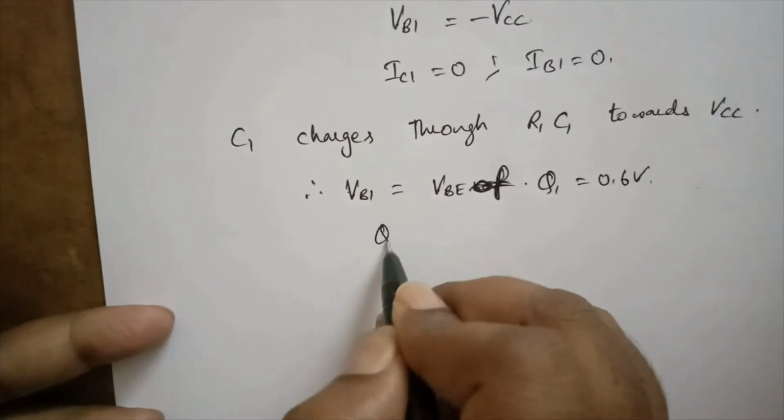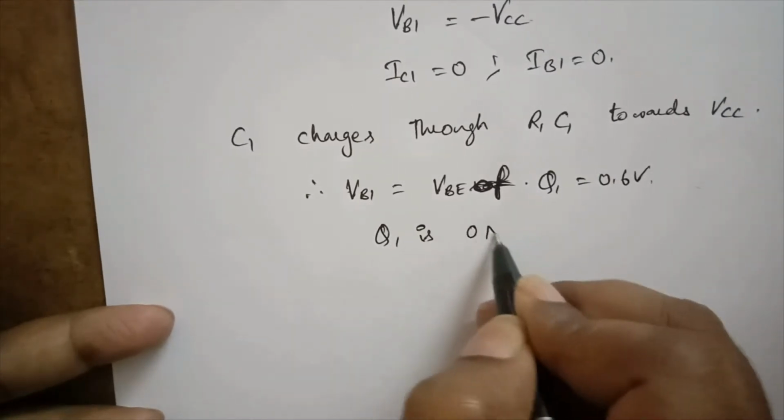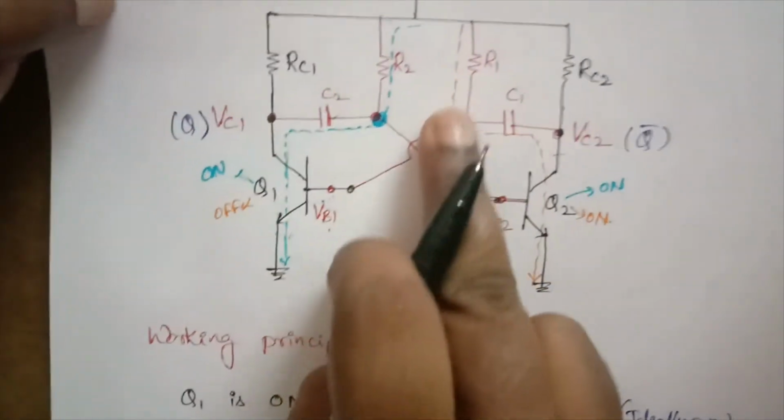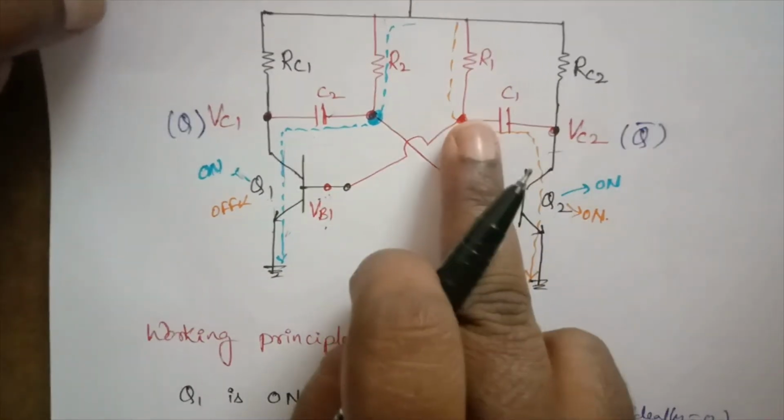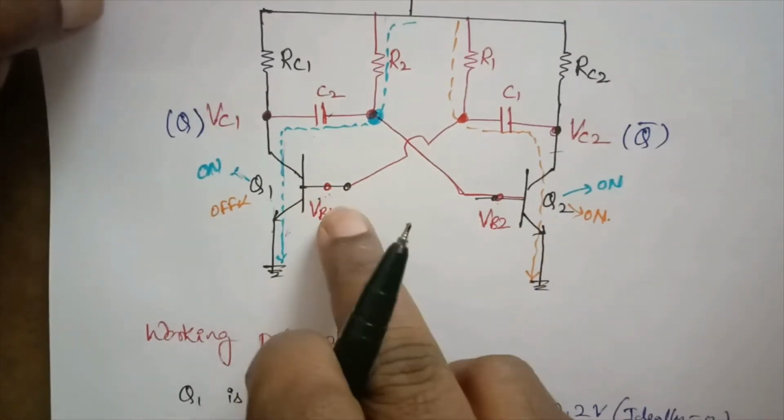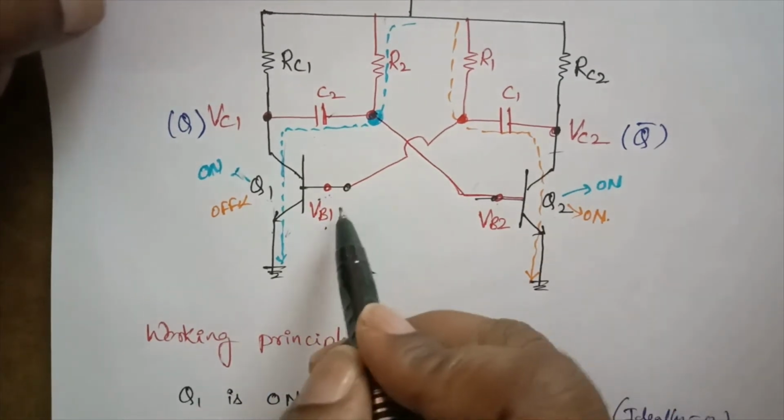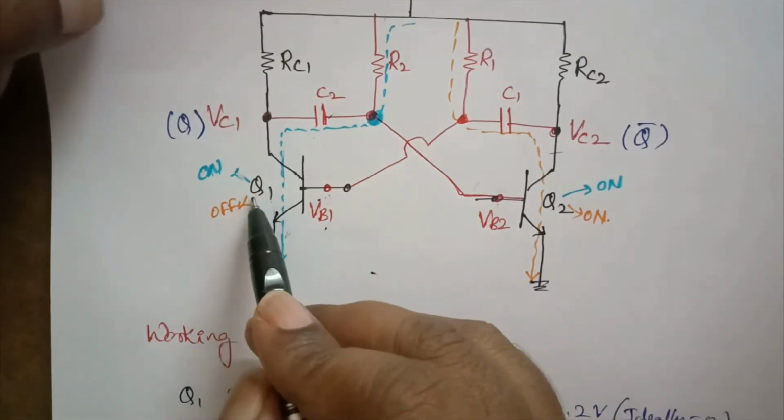Then what happened? Q1 is on. Once Q1 is on, because of this charging, VB1 becomes 0.7 volts or 0.6 volts. Because of this one, Q1 is on.